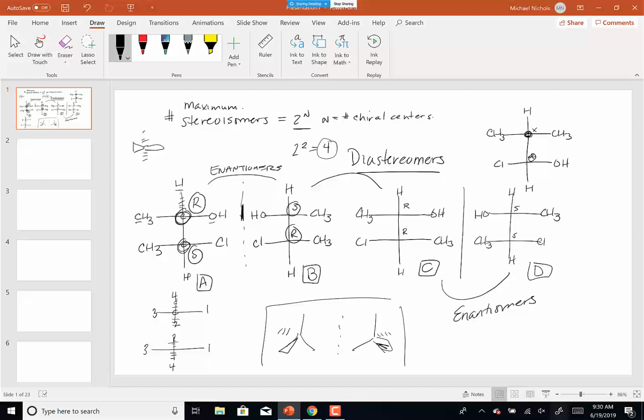So if we look between B and C, the top ones are different, but the bottom ones are the same. So practically we could say diastereomers have at least one carbon having the same configuration and at least one carbon having opposite configuration. So at least one the same, at least one opposite, because that's the broadest definition, that'll cover everything.